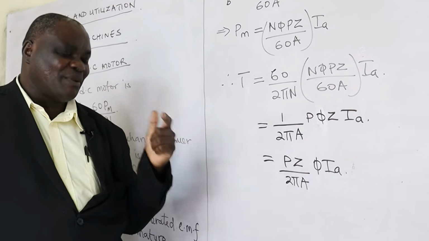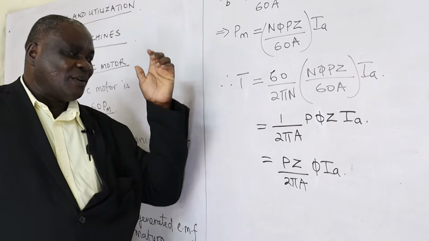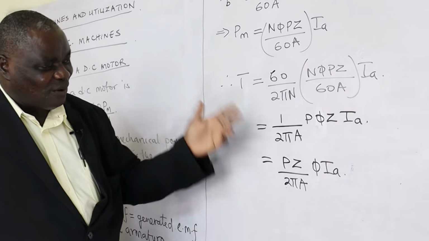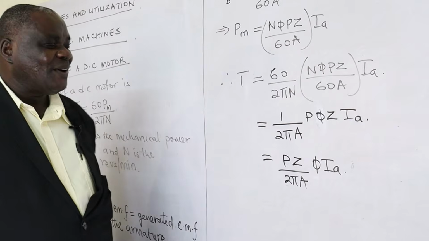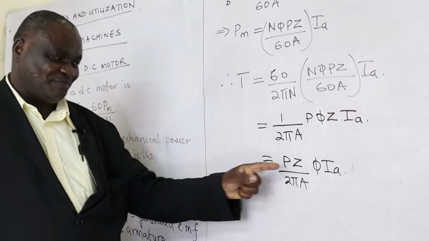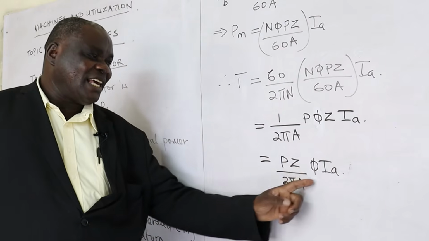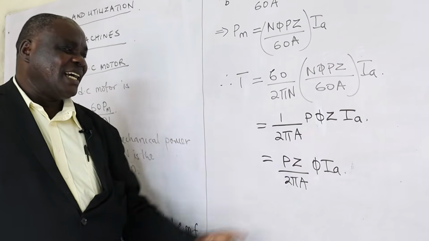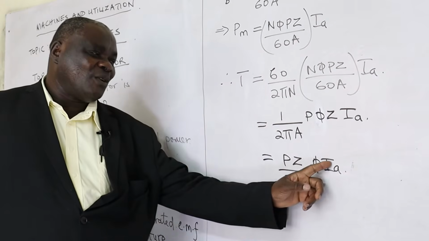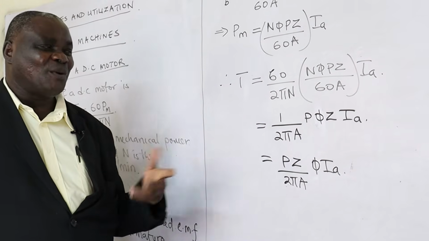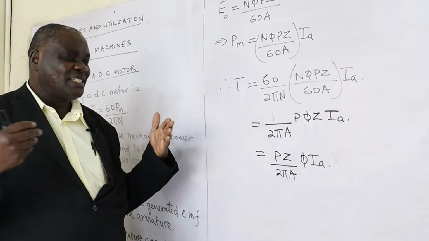And this can be varied depending on the magnetic circuit of that particular motor. So phi can always be varied, and if you vary phi, the torque will also vary. You can also vary the armature current because when you have an armature circuit, you can include some resistances.